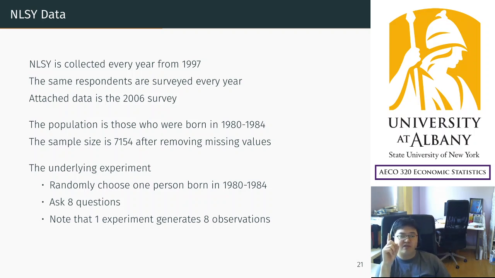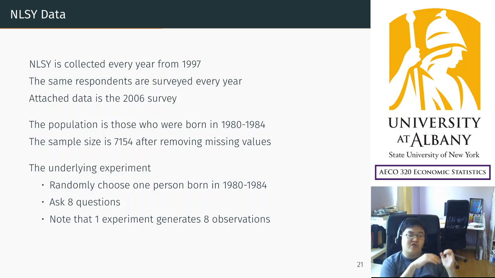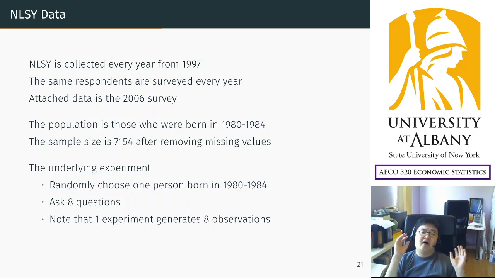So one experiment is, again, choose a random person from the population and ask 8 questions. Then from one experiment, you get 8 answers. The number of questions is exactly the number of variables we have, and the number of variables does not affect the sample size. The sample size is the number of repetitions of the experiment.